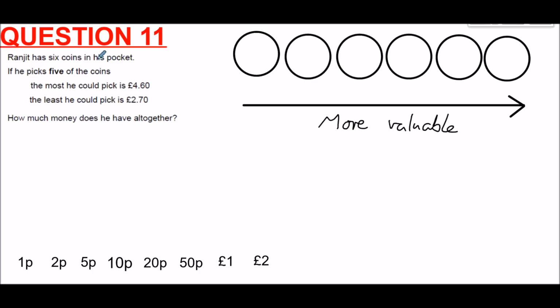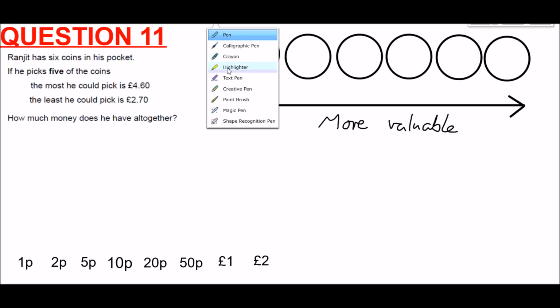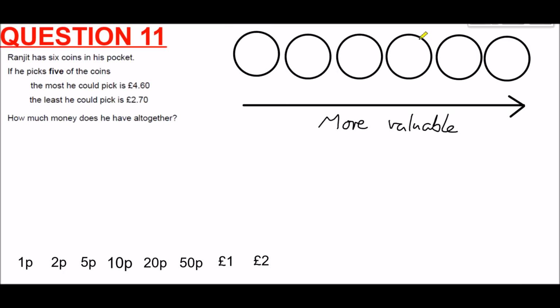So the most he could pick would happen if he picks the 5 most valuable coins. And so the 5 most valuable would be 1, 2, 3, 4, 5, the 5 at the right hand side. Now it says the least he could pick is £2.70, which should be the coins at the left hand side. This one, this one, this one, and that one.